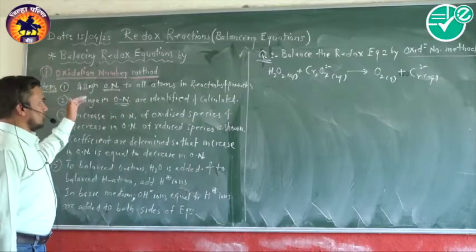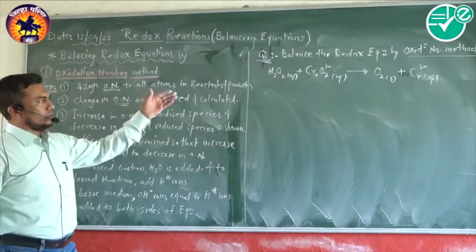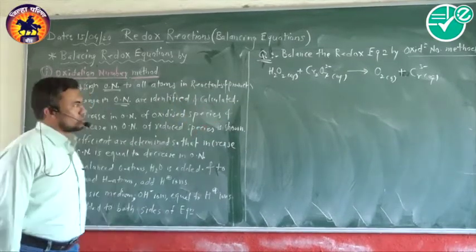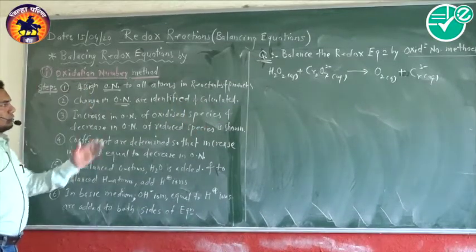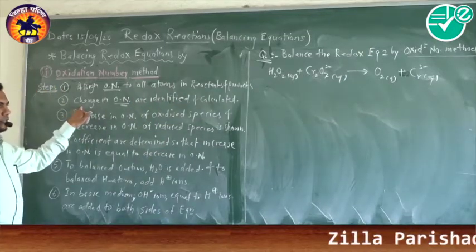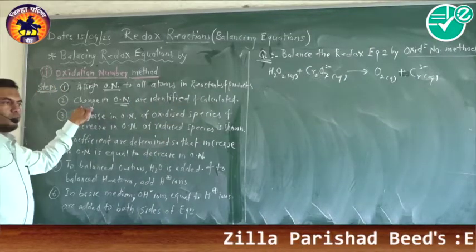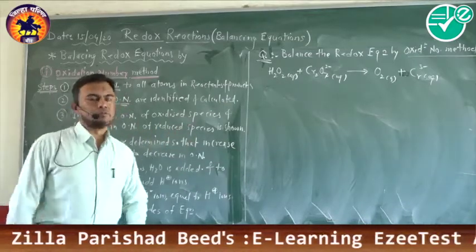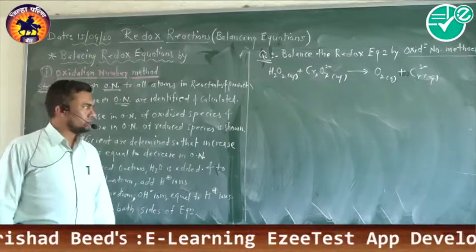The first step is to assign all the atoms their oxidation state, in both reactants and products, look at the change in oxidation number, and identify which species is changing its oxidation number and calculate it.